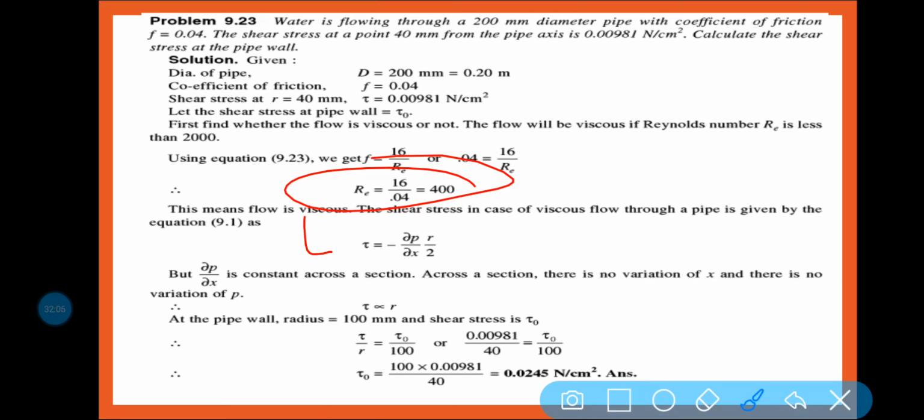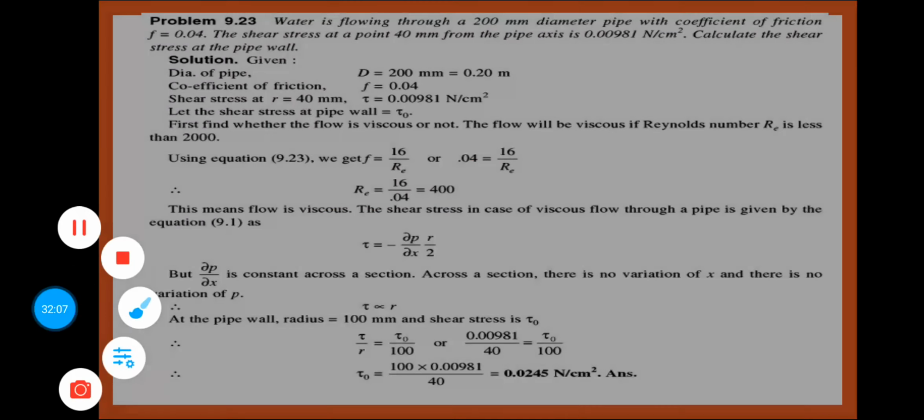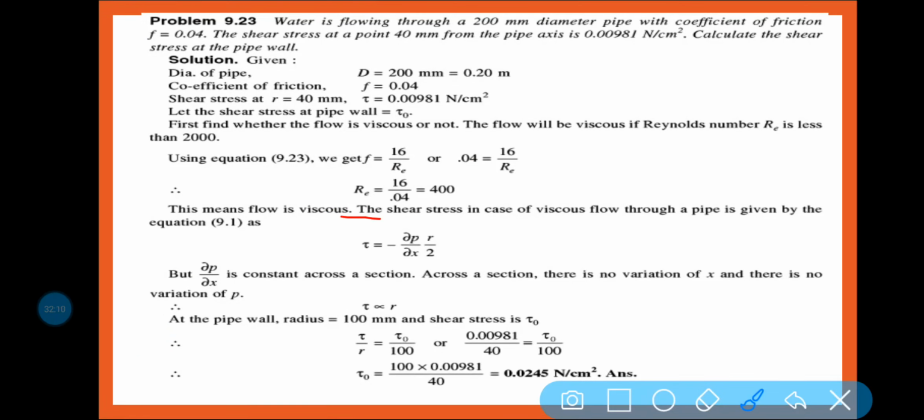This means the flow is viscous, so you can find the shear stress here. The shear stress in case of viscous flow through a pipe, this formula I already mentioned: minus del P by del X into R by 2, and del P by del X is constant.